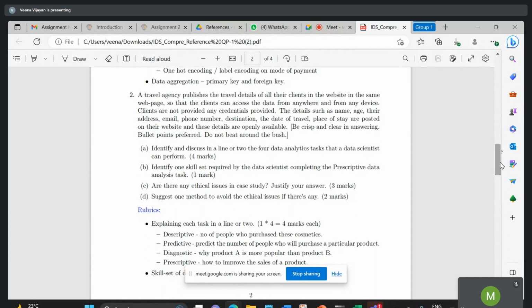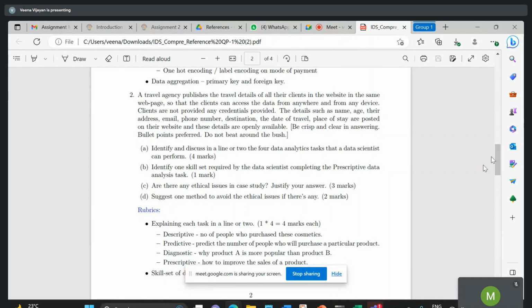If you're working in healthcare or telecom or some other domain, and you don't have that domain knowledge, then even though you're good in data science, you may not be able to do prescriptive analytics. One is domain knowledge. Second is the machine learning algorithms and techniques they should know.